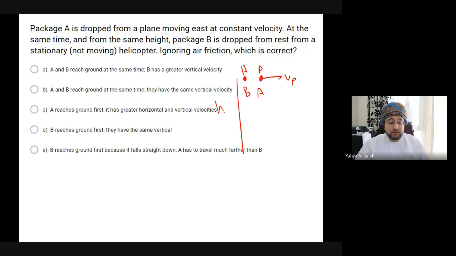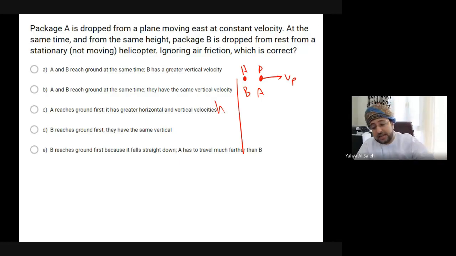A and B reach ground at the same time, but B has a greater vertical velocity. A and B reach ground at the same time, they have the same vertical velocity. A reaches ground first, or B reaches ground first because it falls straight down and A has to travel much further than B.